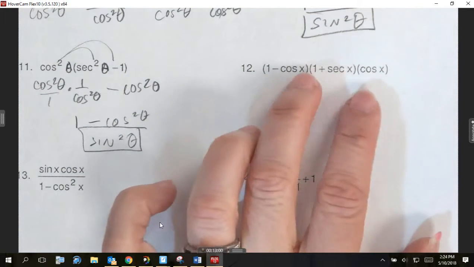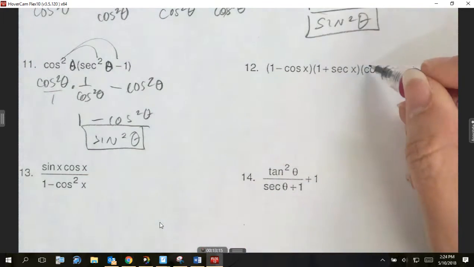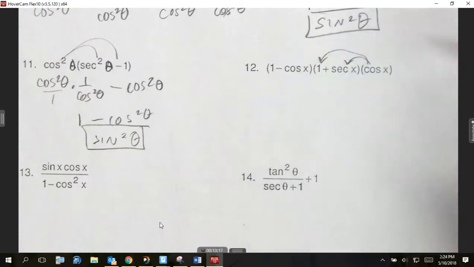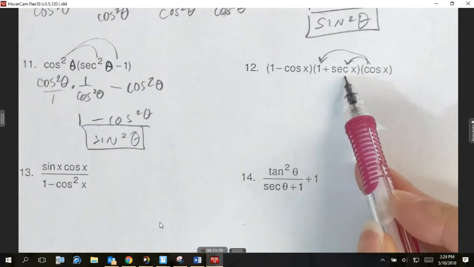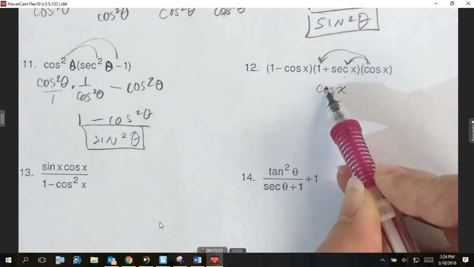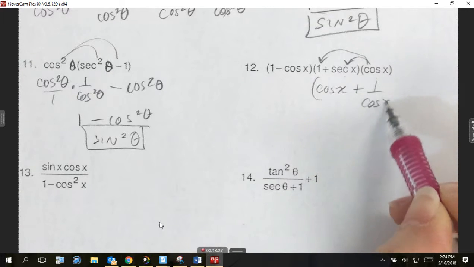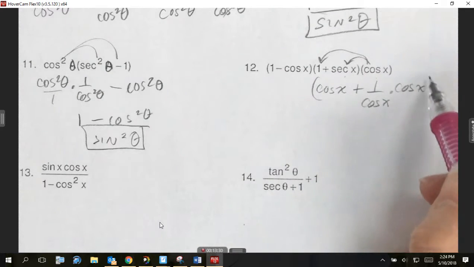Alright, so when you guys look at these, and we think about reciprocals, in order to multiply 3 things, you have to multiply 2 of them together and take that answer and multiply by the 3rd thing. So I'm going to multiply 2 of them together. The 2 that I'm going to choose are these 2. Because what does cosine multiplied by secant give me? Secant is 1 over cosine multiplied by cosine.